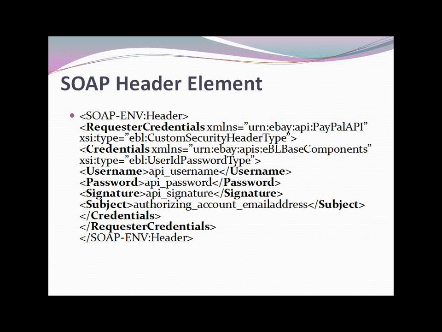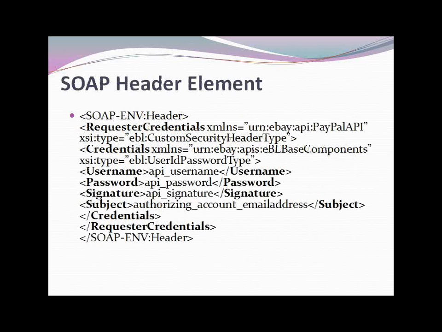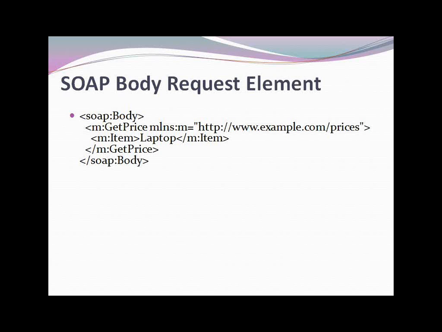I have taken the same scenario, like a SOAP header element of eBay or PayPal.com. You can see here I have username, password and signature in the header. As you have seen, first I have the envelope, then within the envelope I have the header, and within that I have the body.